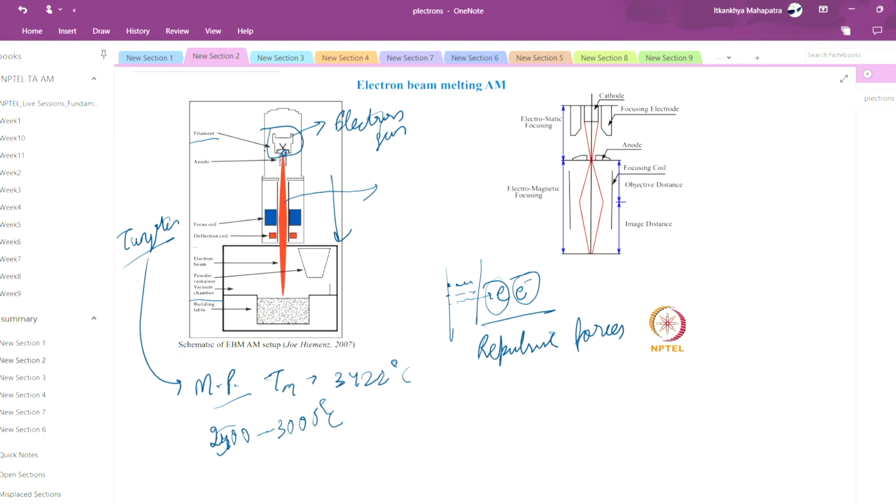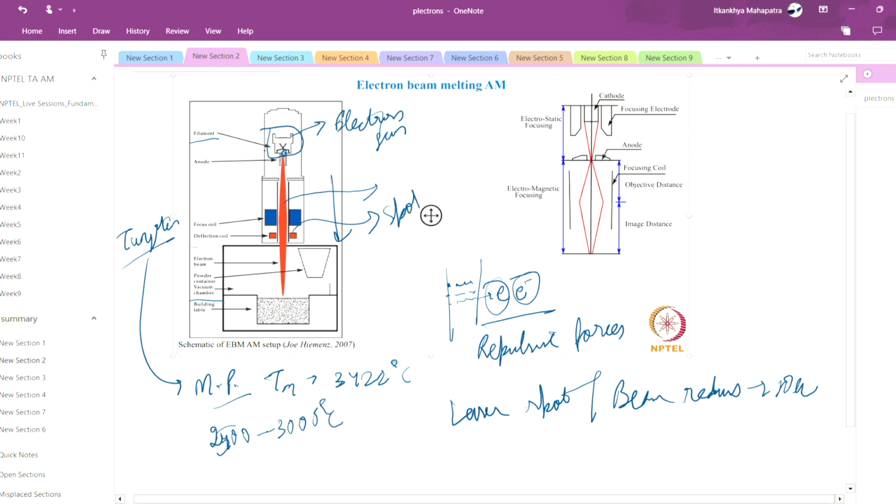In the laser beam, it is possible to maintain a laser spot or beam radius, but in the case of an electron beam it is not possible.